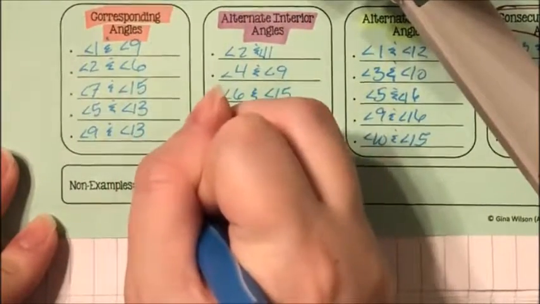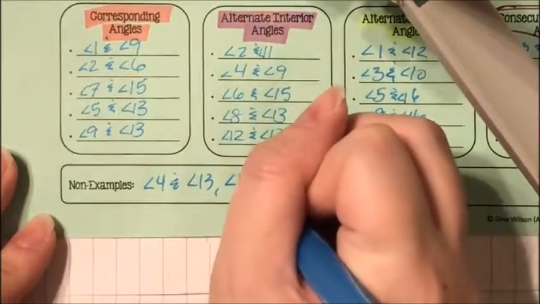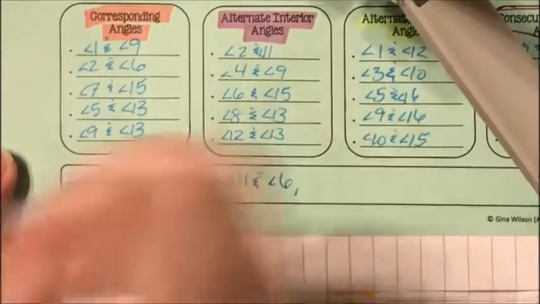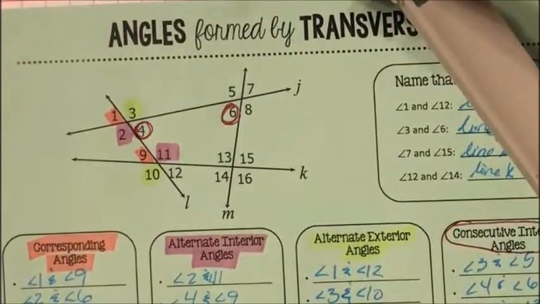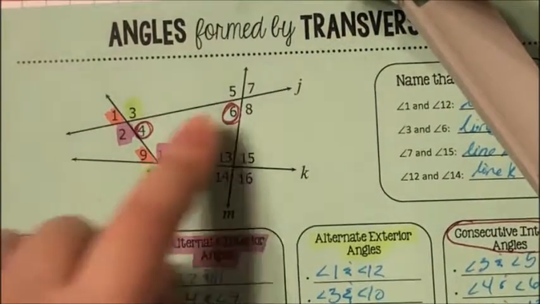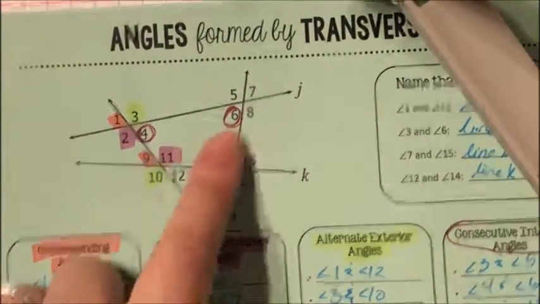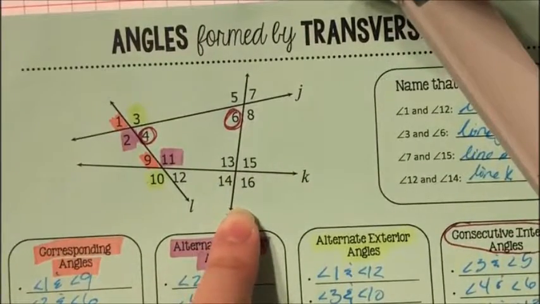So angle 4, 13, angle 11, angle 6. 7 and 10 would be non-examples. 1 and 16 would be non-examples.